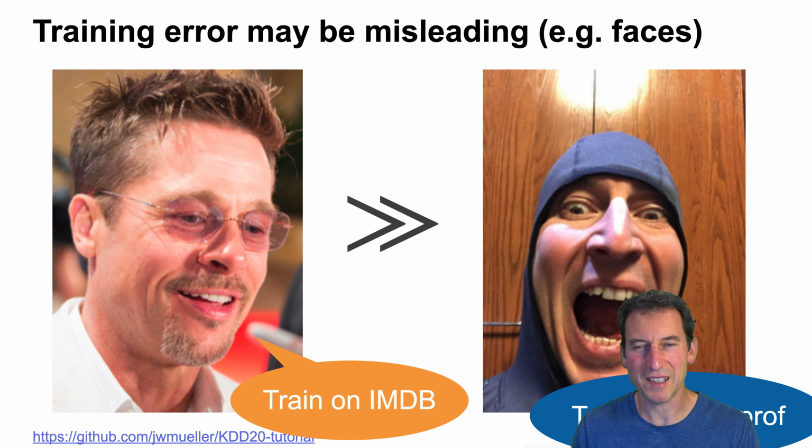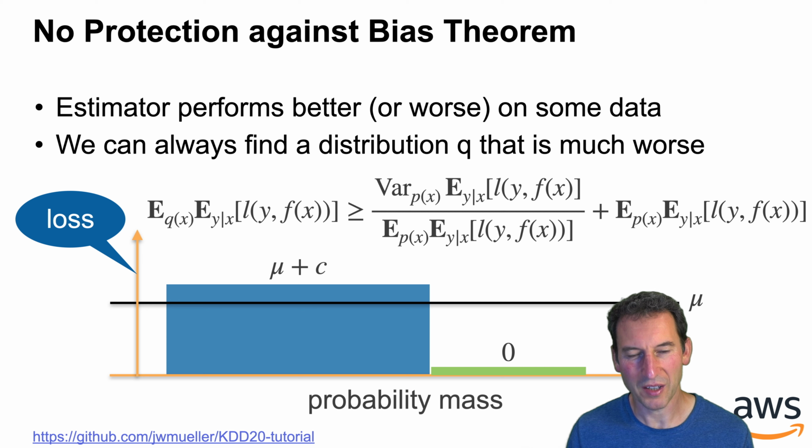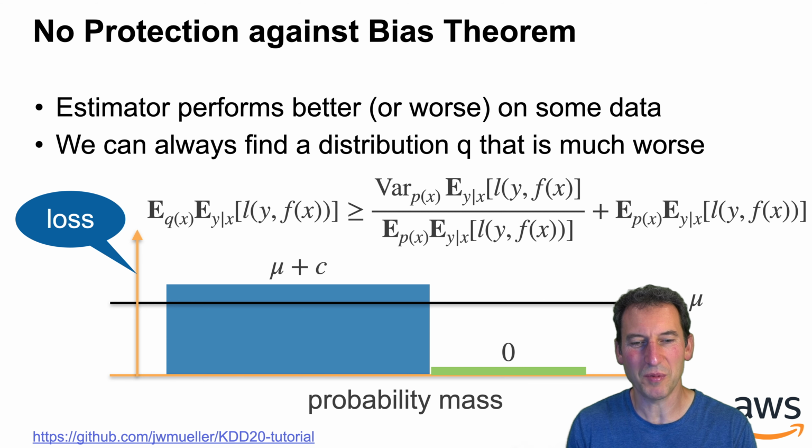So there's actually a nice little theorem that you can prove, which shows that as long as the performance is non-uniform over a domain, I can always pick a distribution where things are a lot worse. As a matter of fact, I can always pick a distribution where things are at least as bad as the error on the original distribution plus the ratio between the variance and the conditional mean.